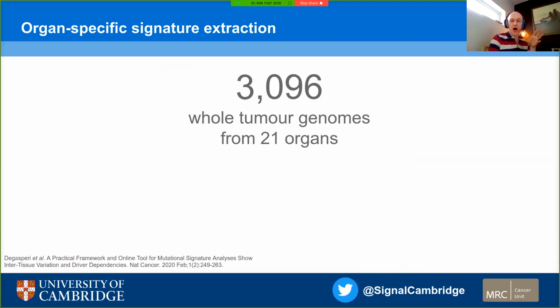Peacock is a dataset of over 2,500 whole genome sequence tumor samples. Combining this dataset with other previously released breast tumor sample datasets, Andrea De Gasperi in our group was able to extract signatures from over 3,000 samples. A dataset of this size provided Andrea with the power to separate the dataset into 21 groups according to their organ of origin, and then extract organ-specific signatures from each group separately.